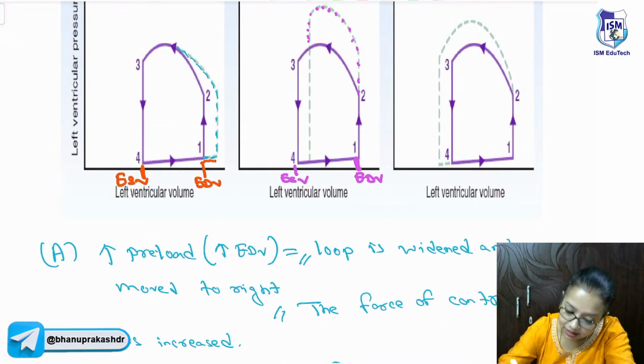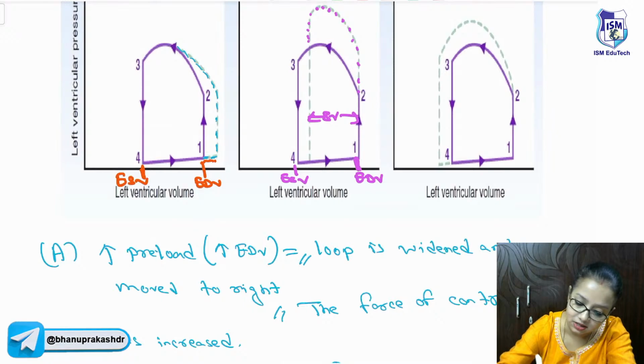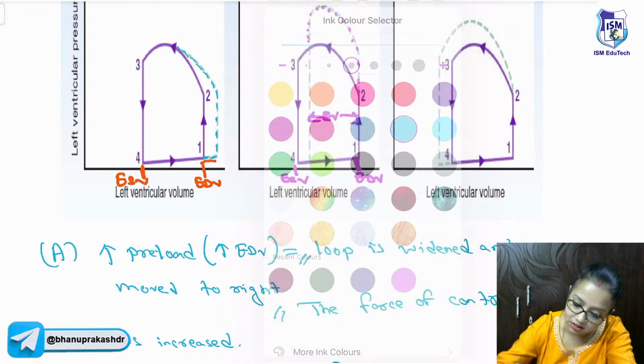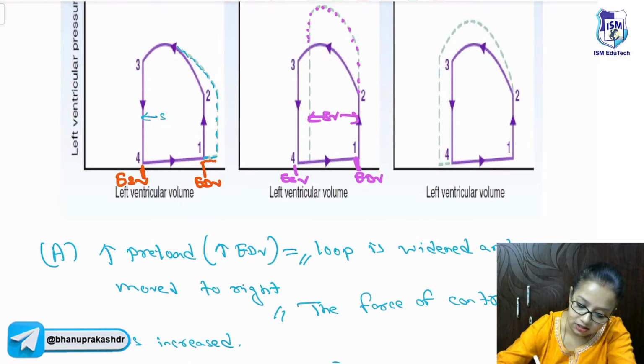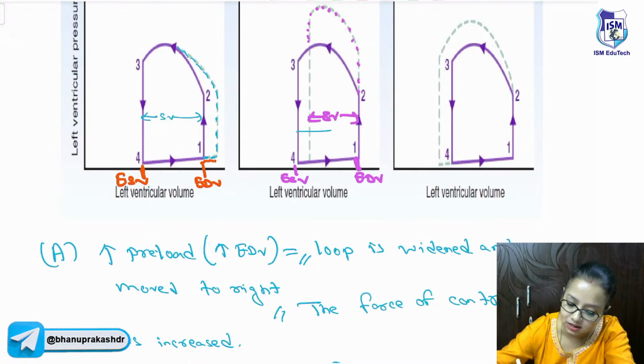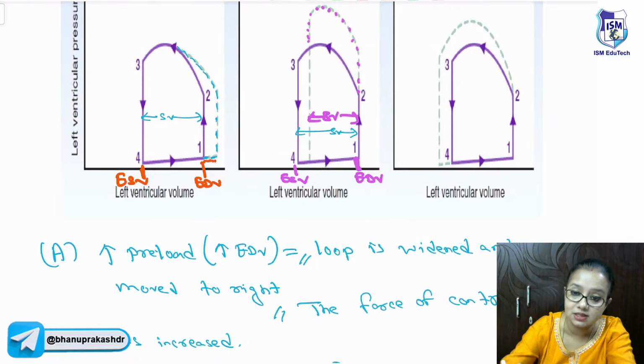But see the area inside this deviated loop, the stroke volume. The stroke volume has become less. In normal condition, what did we study? This normal area depicts the stroke volume. But when the afterload has increased and the contractility has also increased, the resistance is such that the ventricle cannot pump.